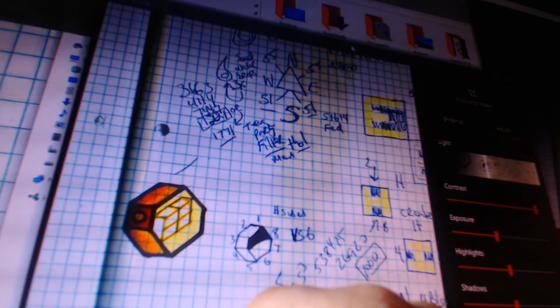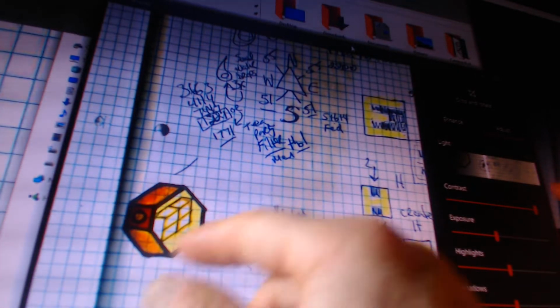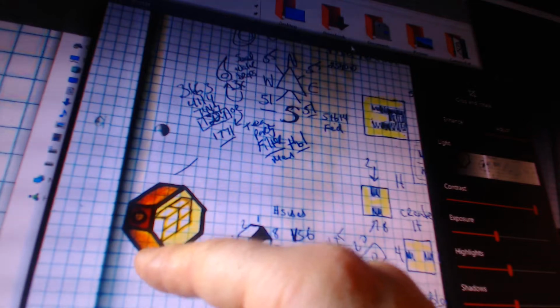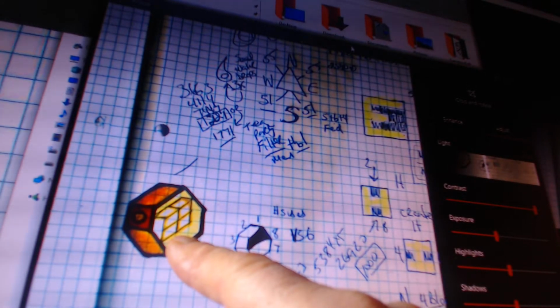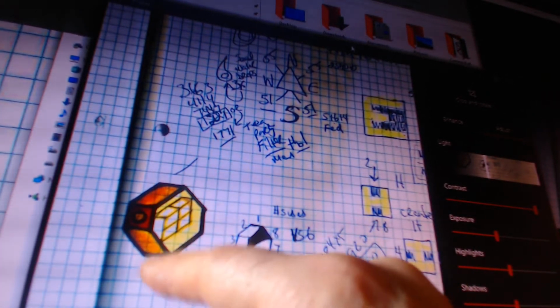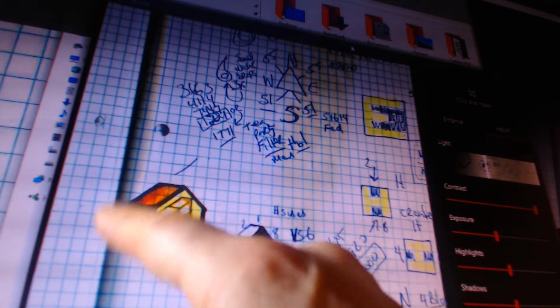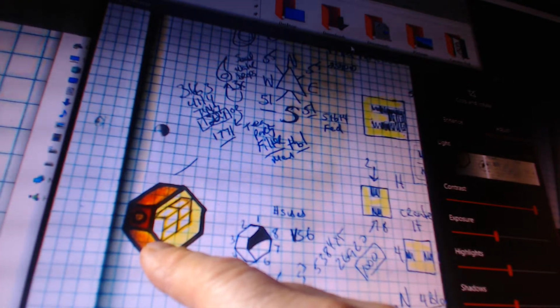Is that what 9 means? Or how about this? 1 up here. We're only going to count the outside. 1 at the top. 1 at the bottom is 2. 1, 2, 3 over here. Okay? And 1, 2, 3 over here. So we have 1, 2, 3, 4, 5, 6, 7, 8. So we have 8 on the outside. Plus we have 1, 2, 3 more that show on the inside.